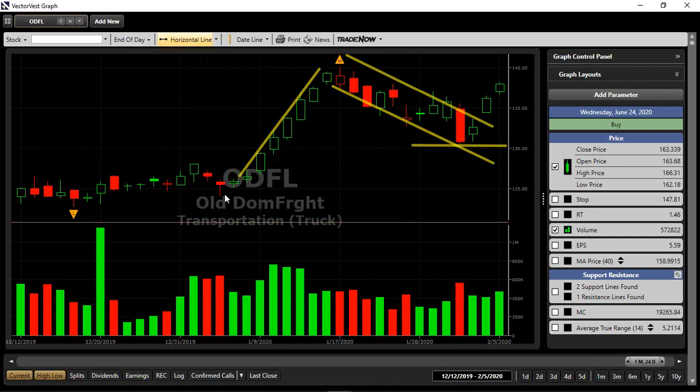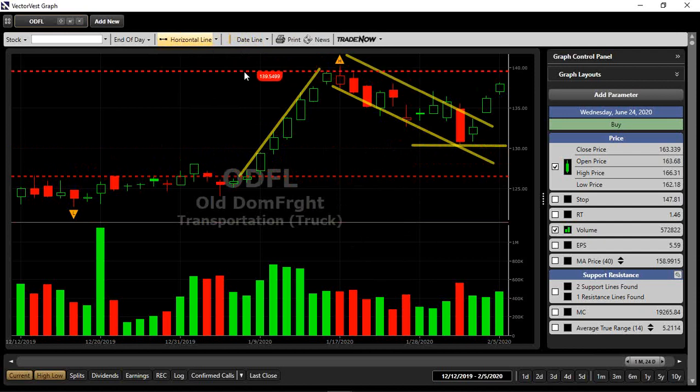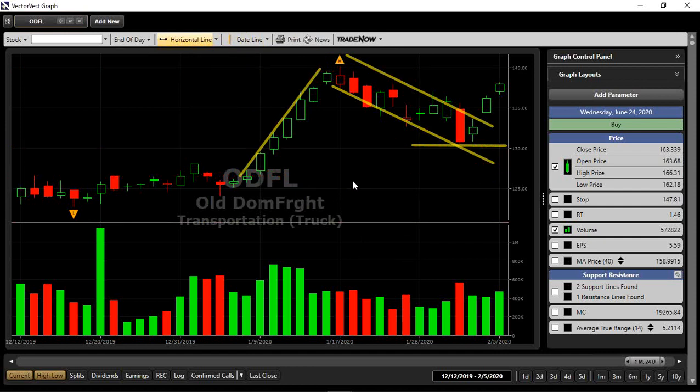So in this case, we're looking at about 126 to about 139. So a 13-point move is where we should expect price to move to, above the breakout level of 136. So 149 is where our initial profit target should be.